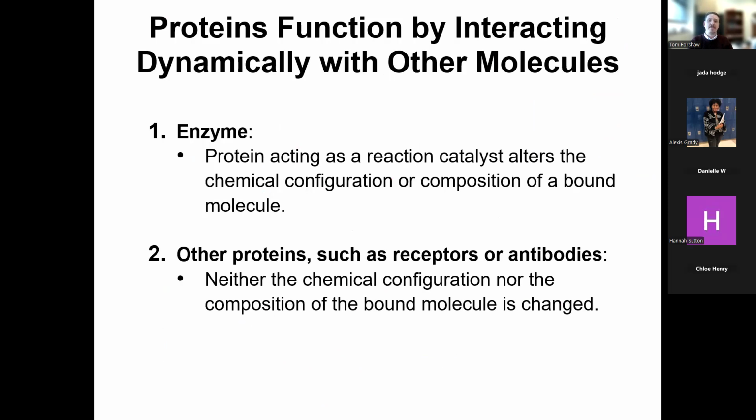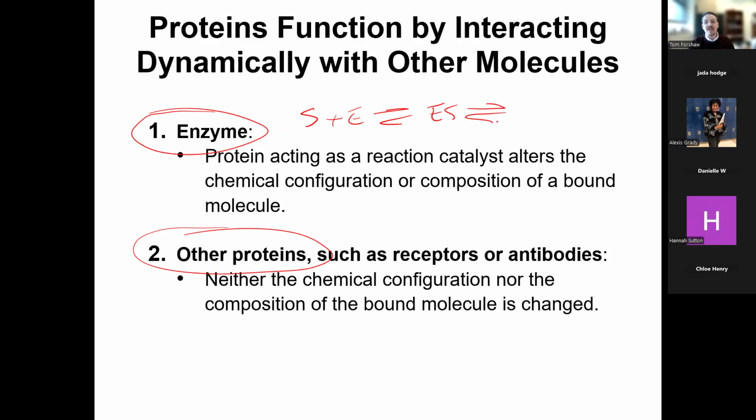When we're talking about these globular proteins, we can classify them into two different things: enzymes and other. The key thing that causes that is that if you have a substrate plus an enzyme, they come together to form an enzyme substrate complex, but then they're going to react to form an enzyme product, because the substrate is going to change into product.